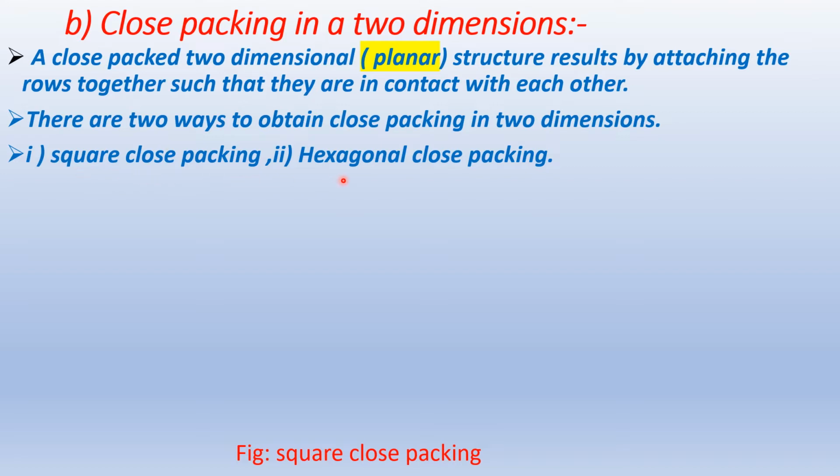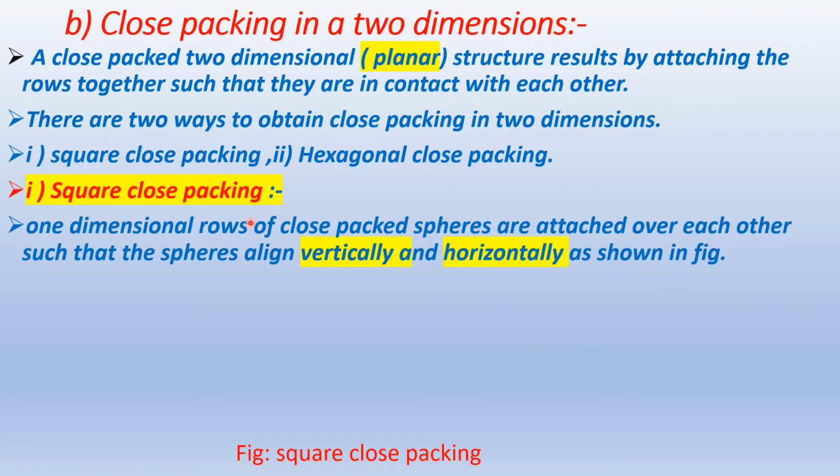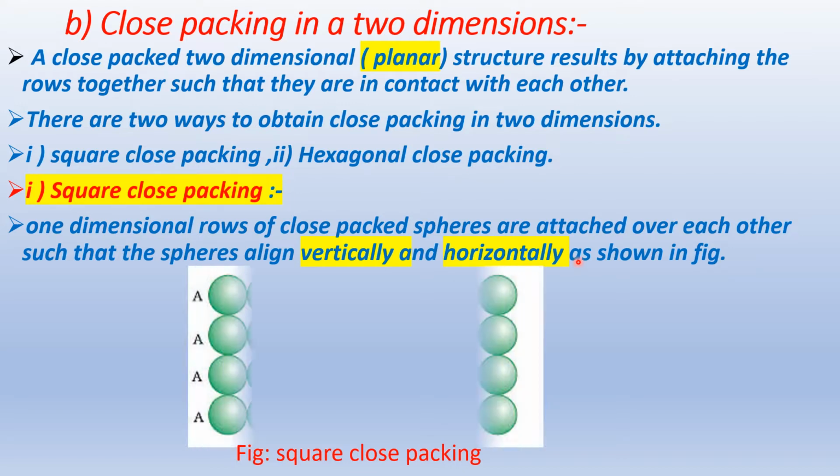Second one, hexagonal close packing. In the first part, square close packing, we have to discuss that one dimensional rows of close packed spheres are attached over each other such that the spheres align vertically and horizontally as shown in the figure.